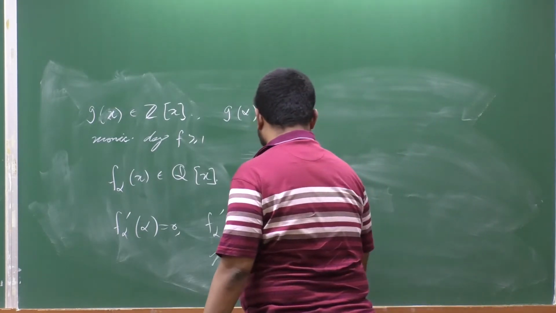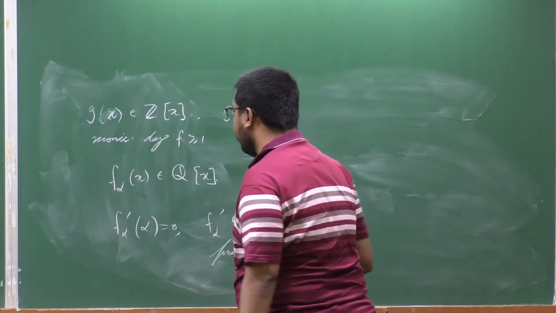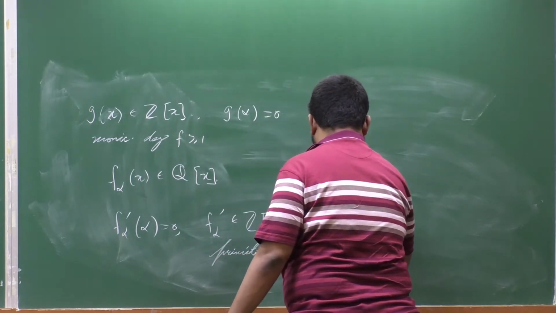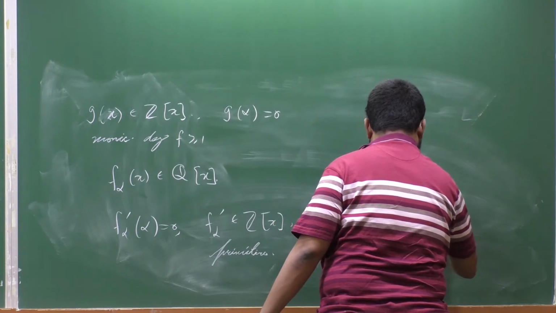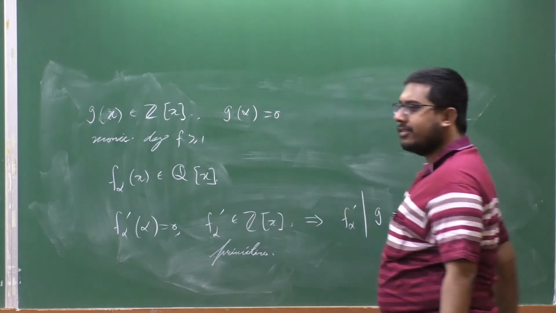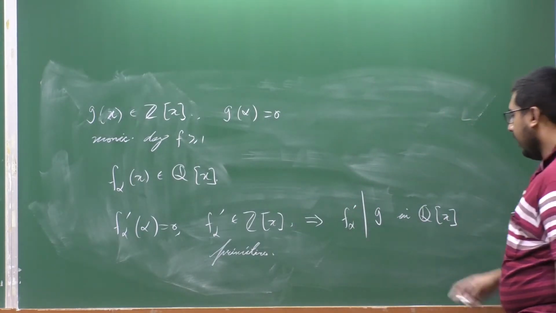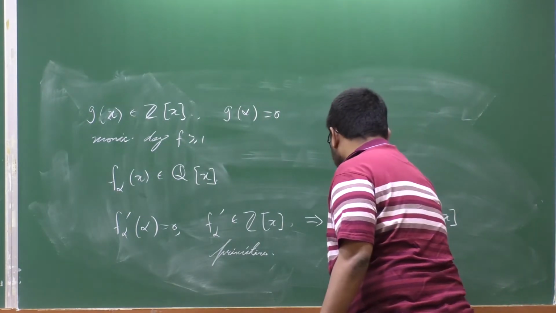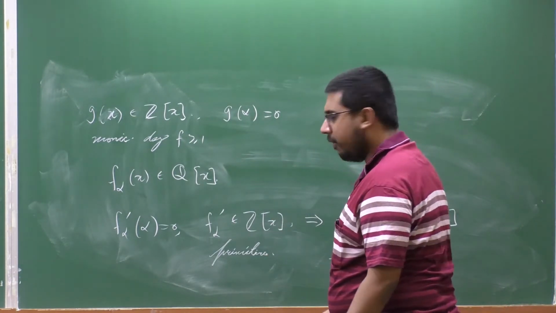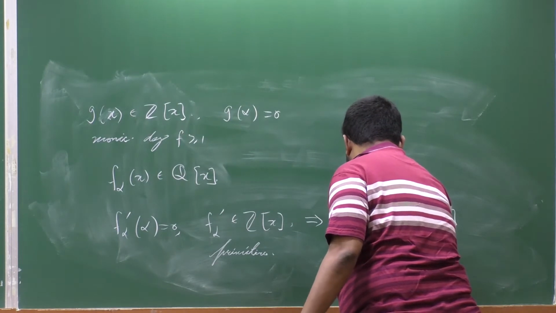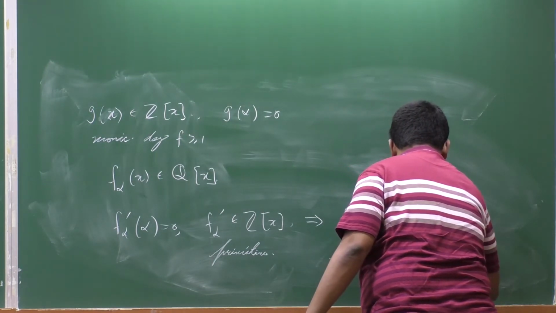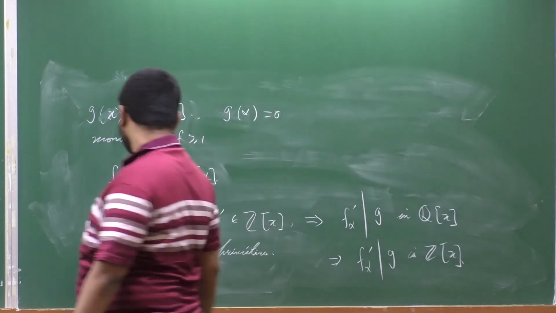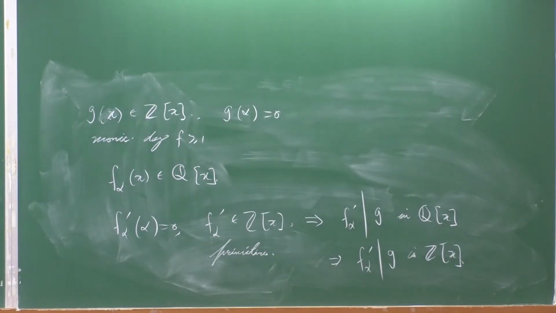Since it is irreducible, f_alpha prime divides g in Q[x]. But since this is a primitive polynomial, f_alpha prime must divide g in Z[x] as well. So what is the lesson?